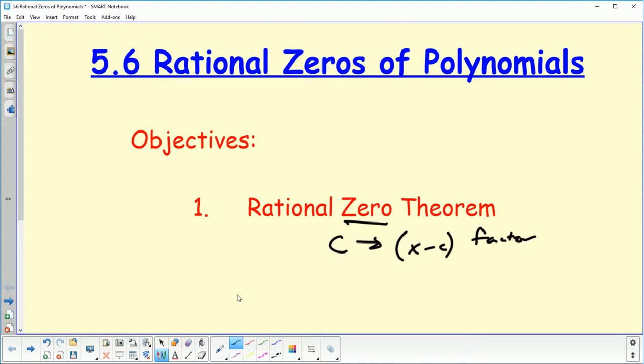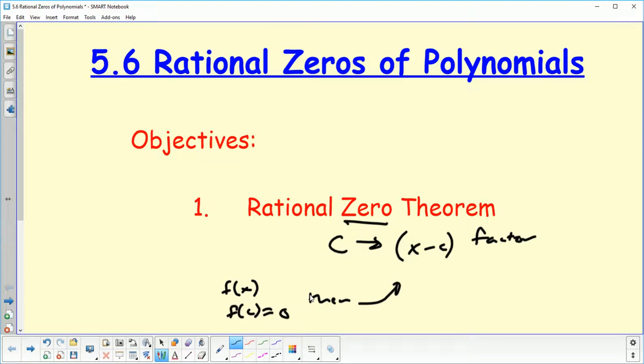So let's say we have some polynomial f of x, and f of c equals 0. If c is a zero, meaning if I plug in c I get out 0, then x minus c is a factor. Okay, so that's a quick review of the factor theorem, which is a very important one.